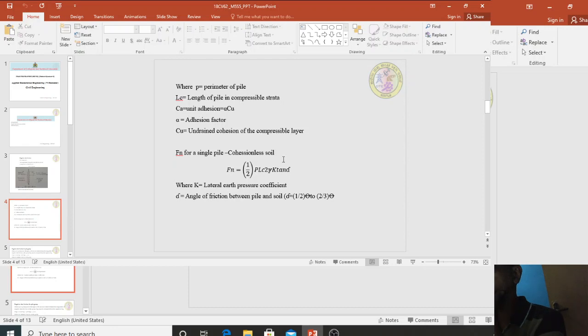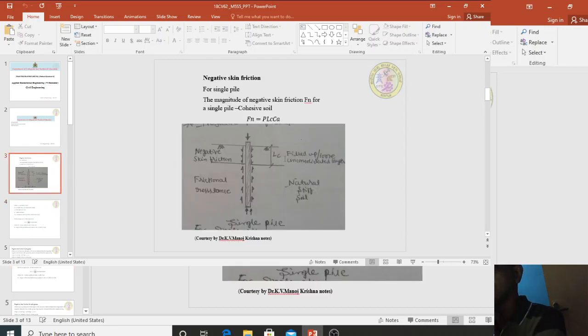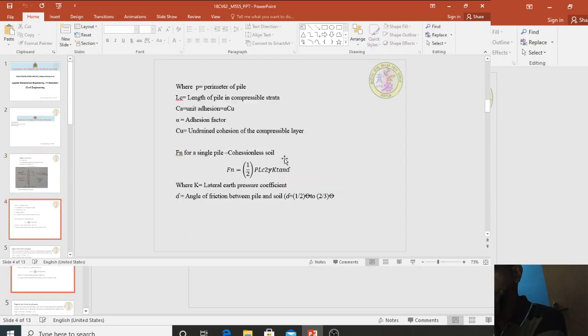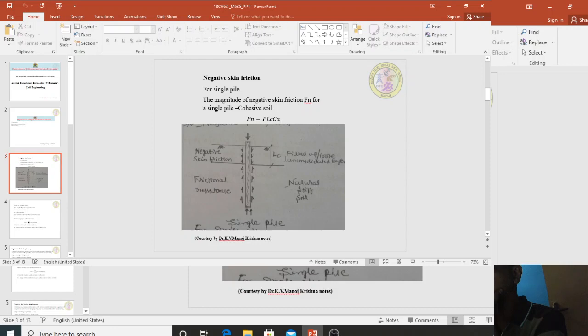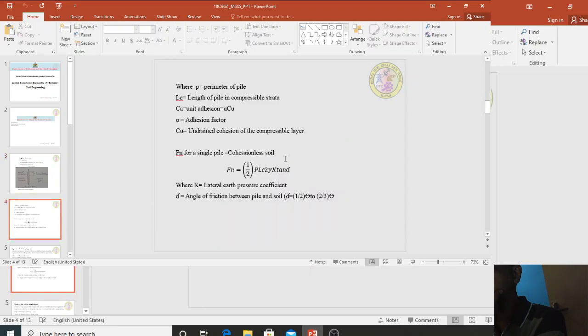Alpha is the adhesion factor, and Cu is the undrained cohesion for the compressible layer.